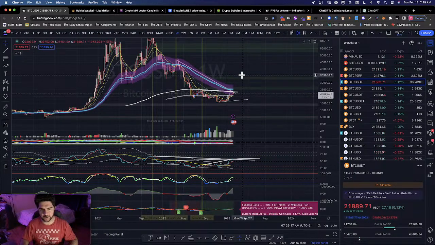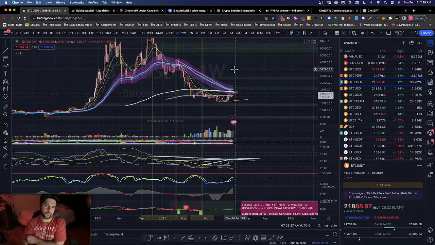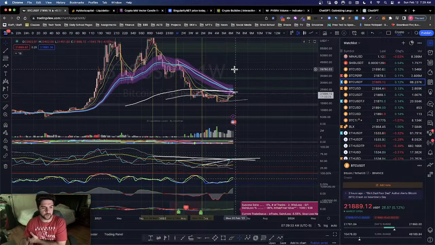That's hidden bearish divergence. Then you got a higher high and a lower high in your price action. That's also bearish divergence. So you have multiple bearish divergences on your weekly, right? Hidden, right? And regular, okay?